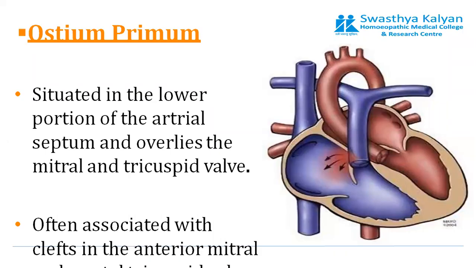The second type is ostium primum, situated in the lower portion of the atrial septum and overlying the mitral and tricuspid valves. So the location differs from ostium secundum to primum: the secundum was located in the fossa ovalis, whereas the primum is situated in the lower portion of the atrial septum.